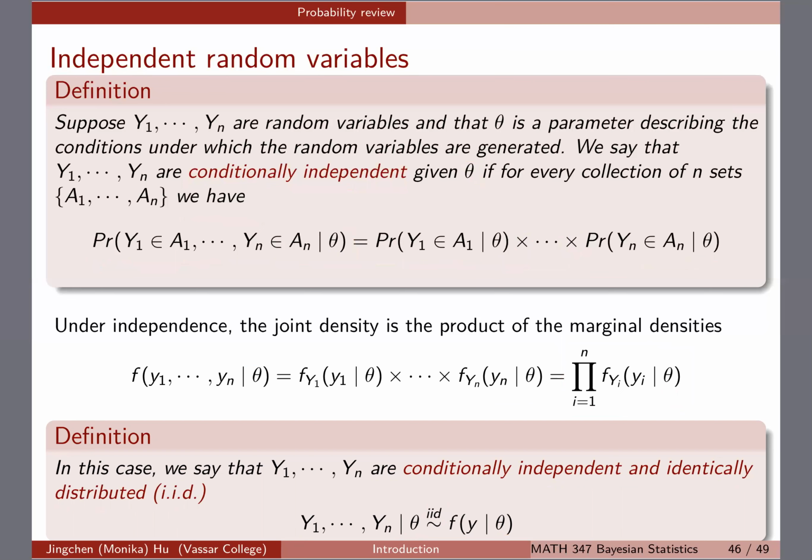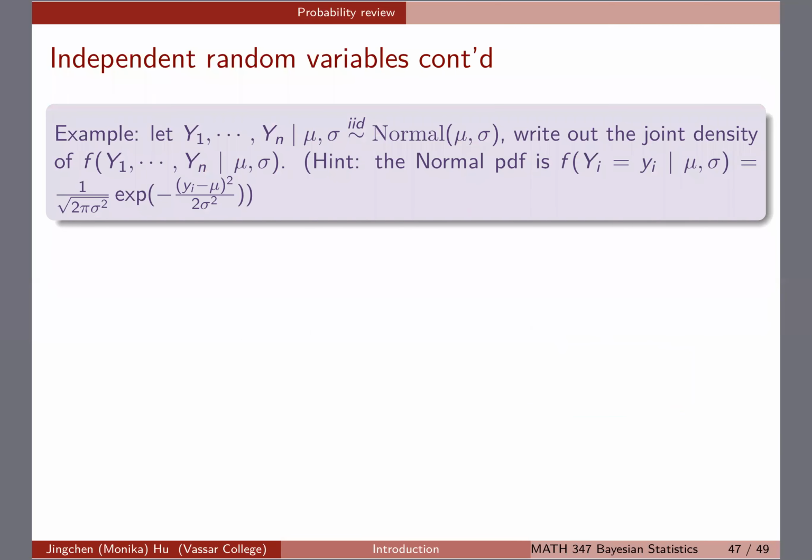In light of this, I want you to try one more exercise here. This is the case that I was telling you earlier: if you're assuming y1 through yn are normally distributed, then theta, the collection of the parameters, becomes mu and sigma, because the normal distribution has two unknown parameters.